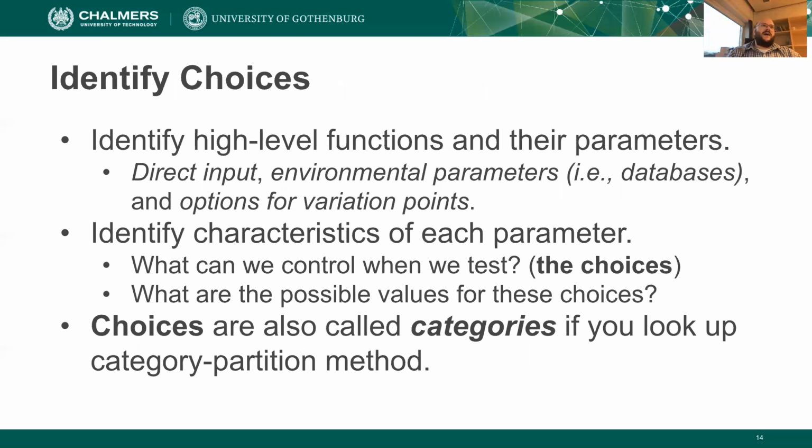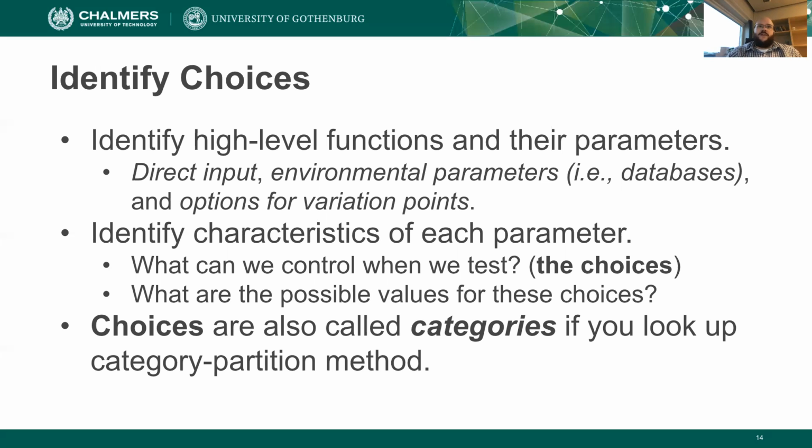So we start as before, and this is a little bit of review, but it's important to drill down each of these items a little bit. So we start as before by identifying our choices, right? So just like before, you'll identify those high-level functions surfaced through our interface and their parameters, right? The direct input parameters, but also environmental elements and the options we choose in our product line for each of these variation points, right?